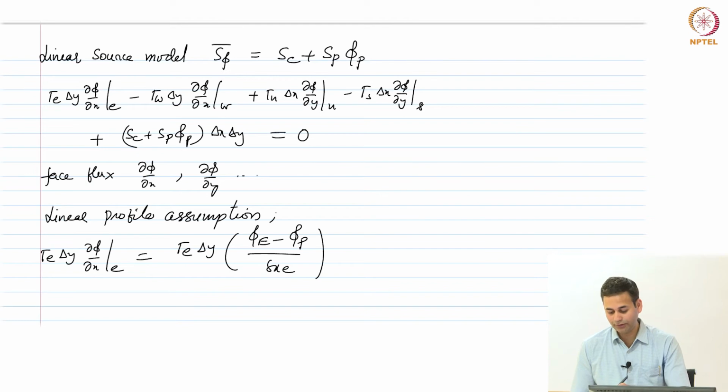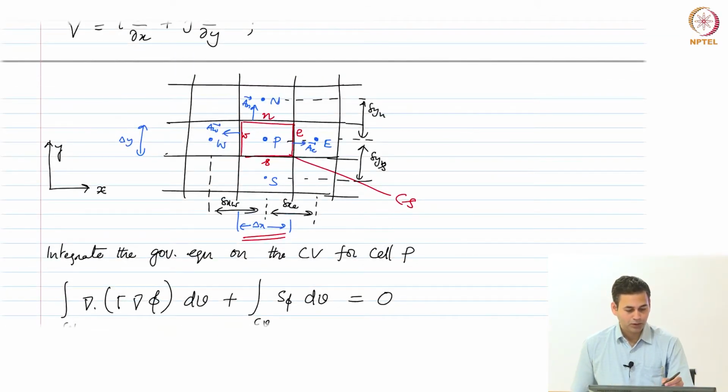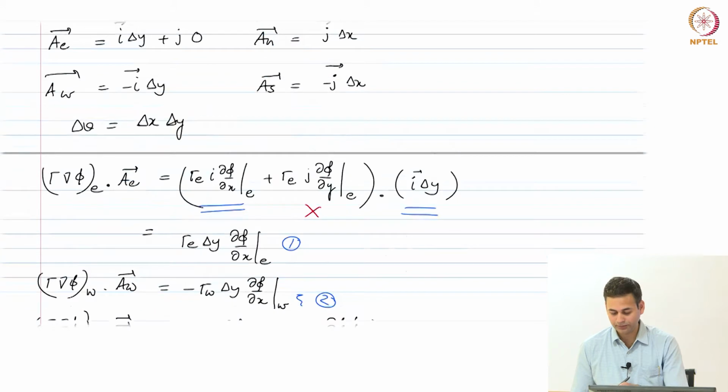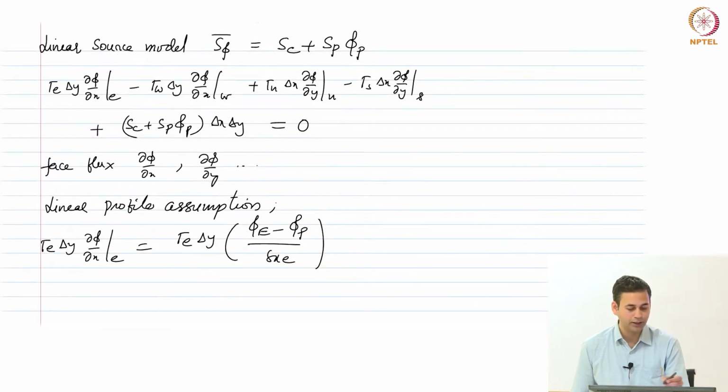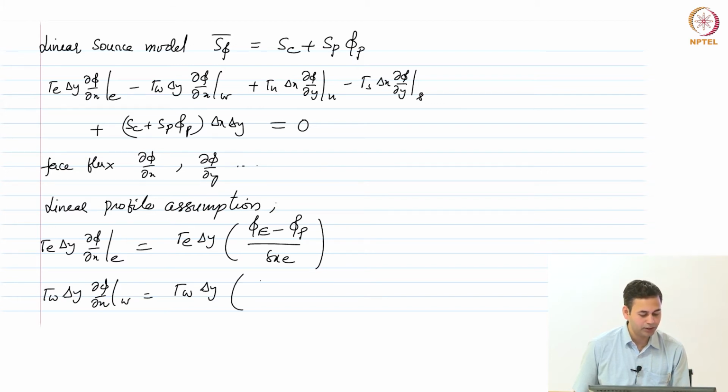We are looking at phi capital E and phi p, and the distance is del x E. Similarly, what about gamma w delta y partial phi partial x west? This will be gamma west delta y times phi p minus phi w upon del x w.